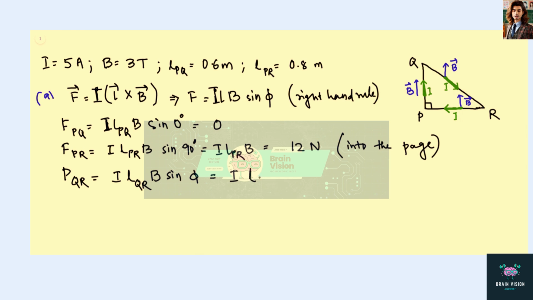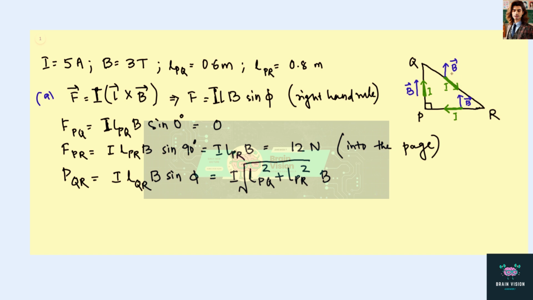So LQR will be equal to the square root of the sum of the squares of the other two sides, times B times sine phi. So if this is phi, this is going to be 90 minus phi.